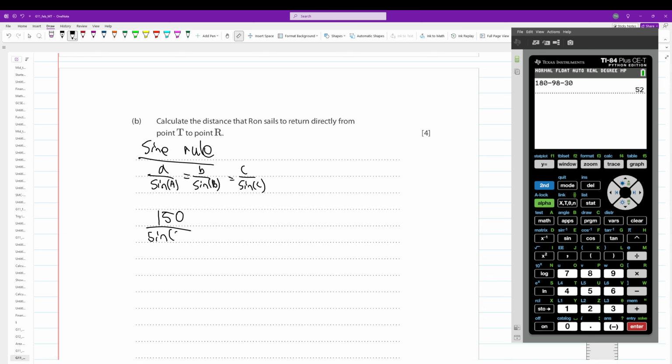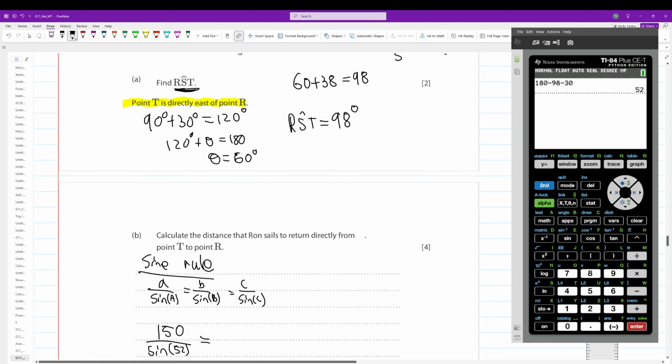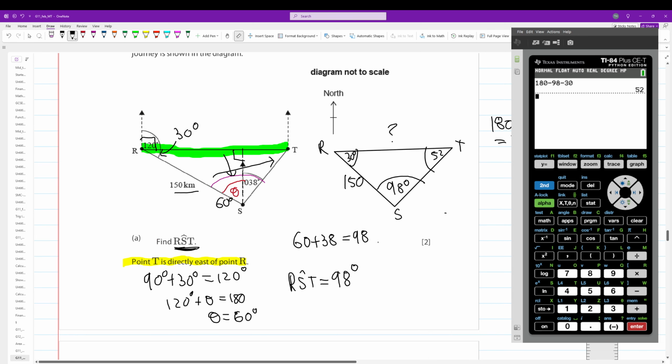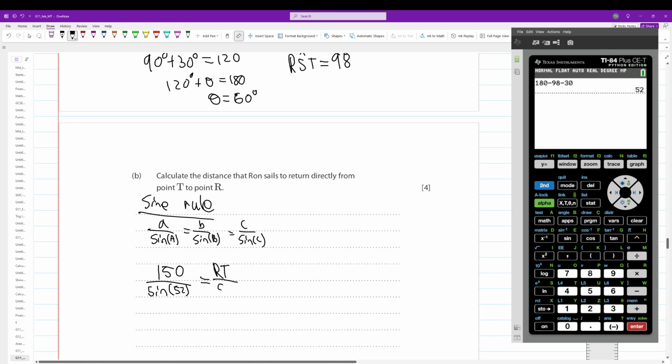So 150 over sine 52 is equal to the unknown side, so let's call that RT, over sine 98. So 150 multiplied by sine 98 divided by sine 52.